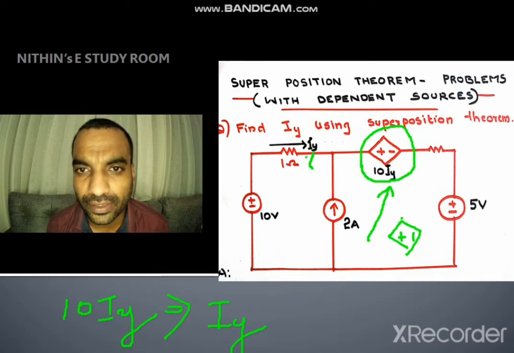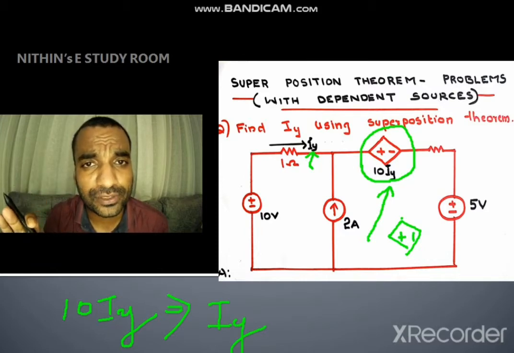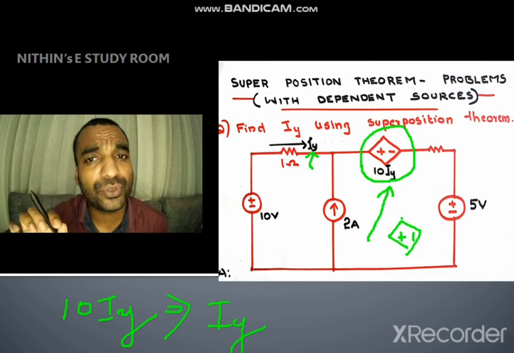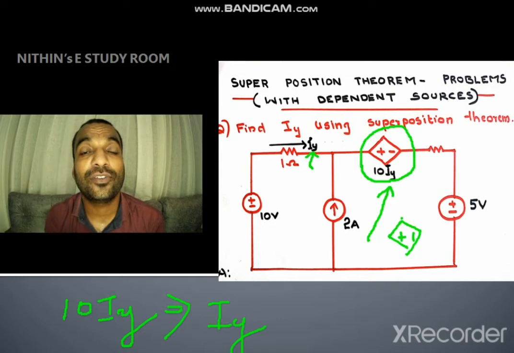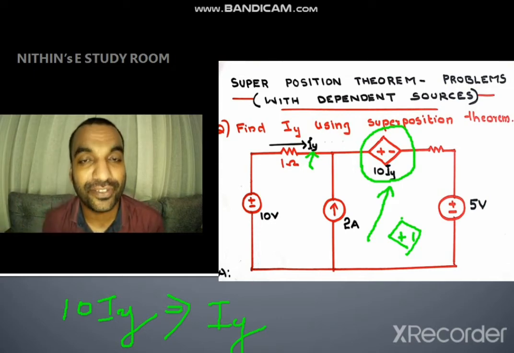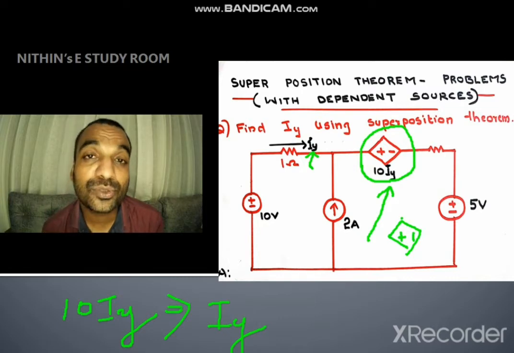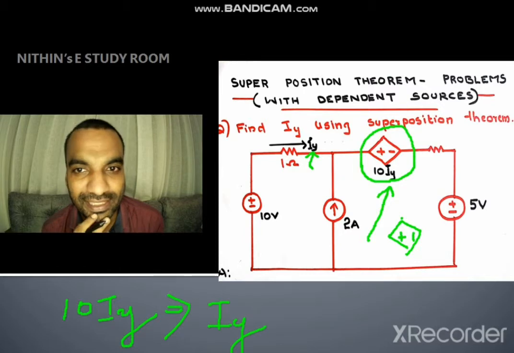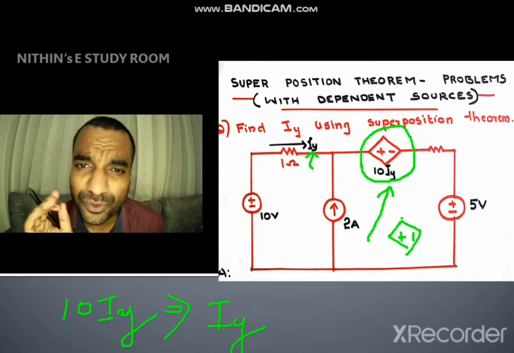This is IY. So the voltage produced by the dependent voltage source has a magnitude of 10 IY, where IY is the current of some other branch. It is there in the figure. That is the concept. Here the voltage source depends on some other current IY. So it is interesting.